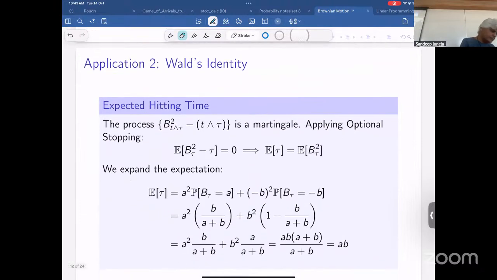So the stopped process will be a martingale because the original process was a martingale, and it's going to be bounded again. So we can use the same argument to show that the expectation of this is the same as the expectation at 0, by applying optional stopping.